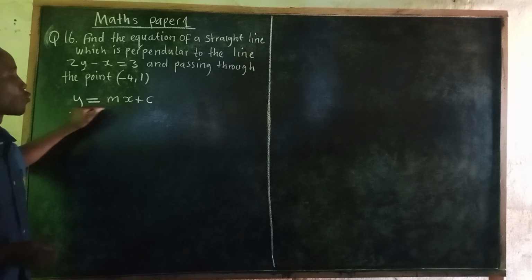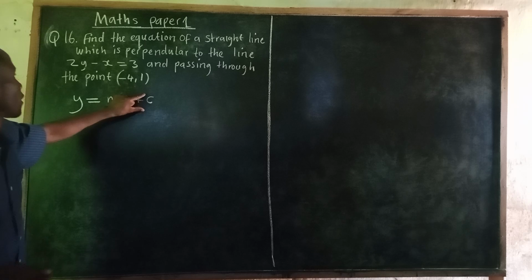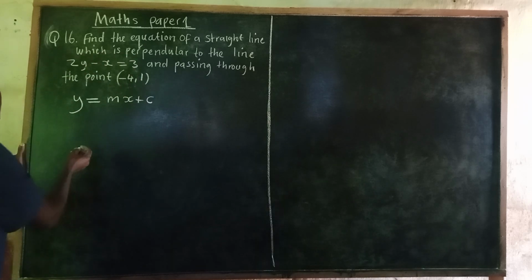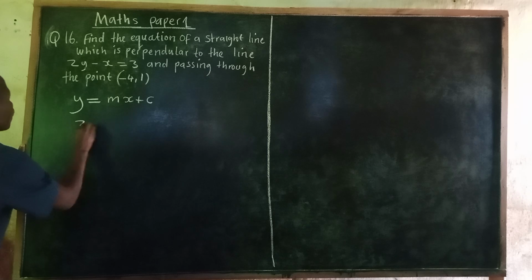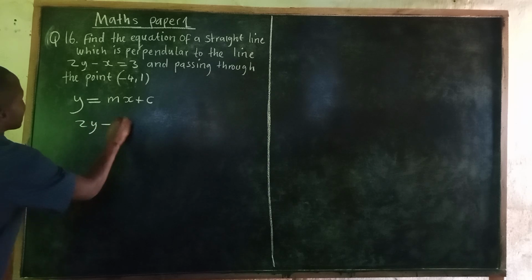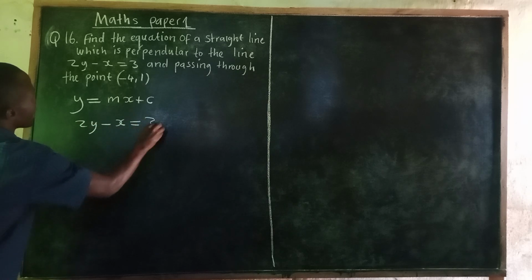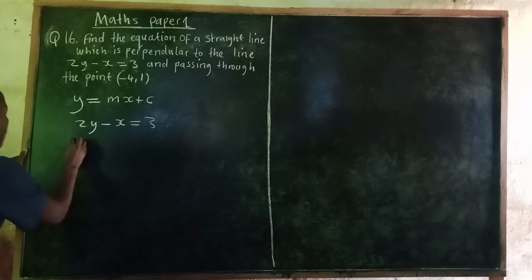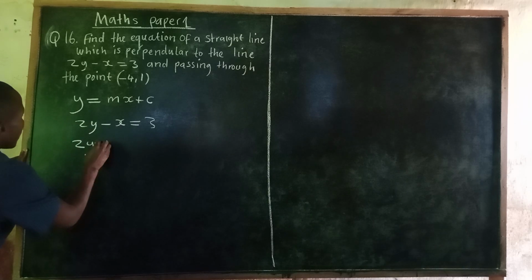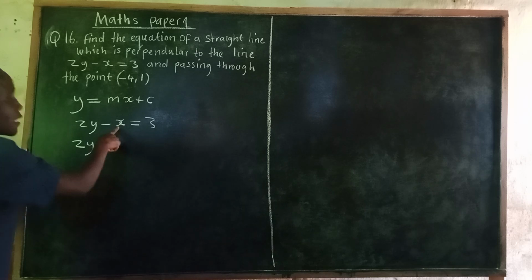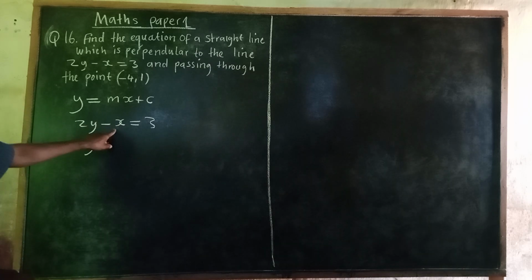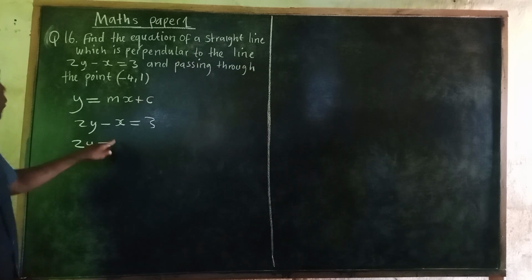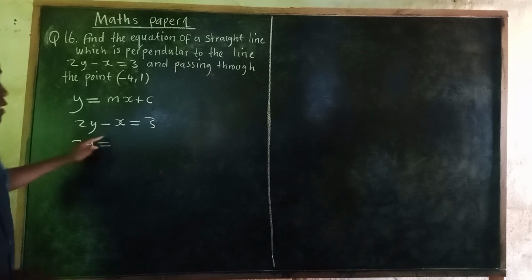So how are we going to arrive at this stage using the same equation that we have? We say 2y minus x equals 3. Since we want to make y the subject of the formula, we say 2y equals, this x will cross the equal sign and it will become a positive, because here it is a negative x.